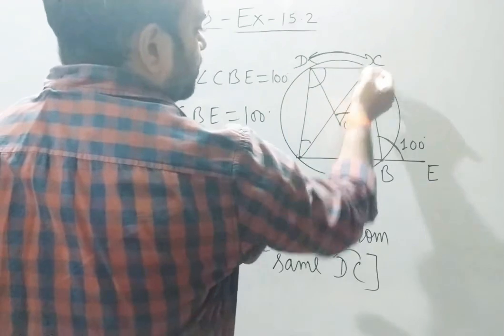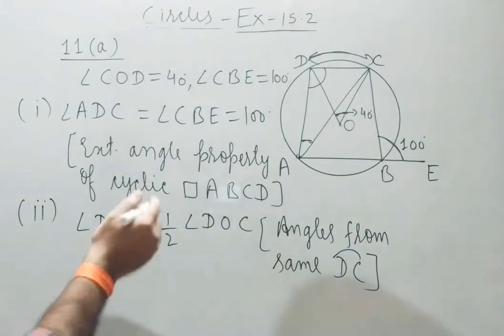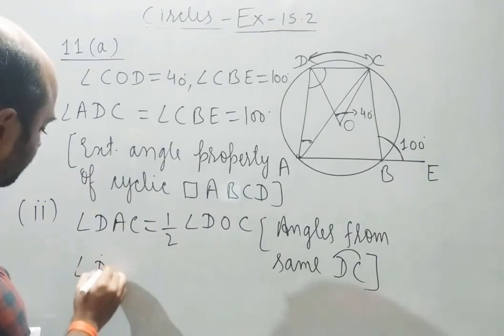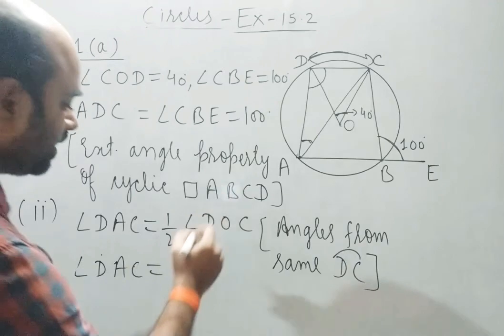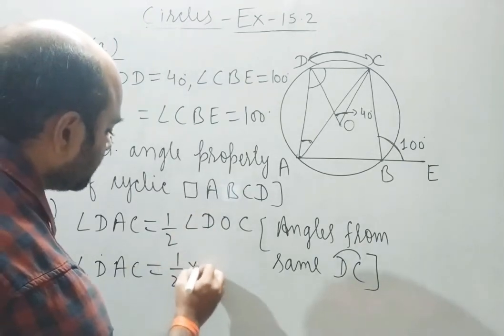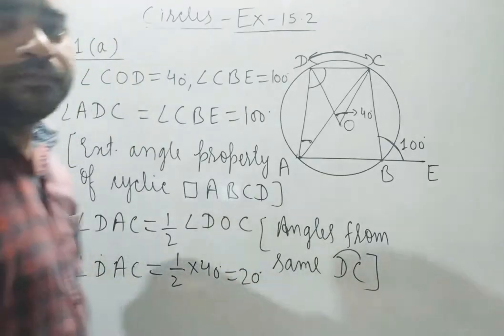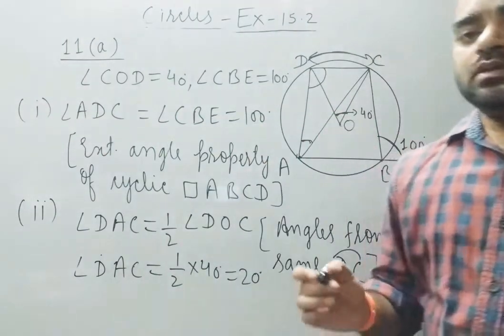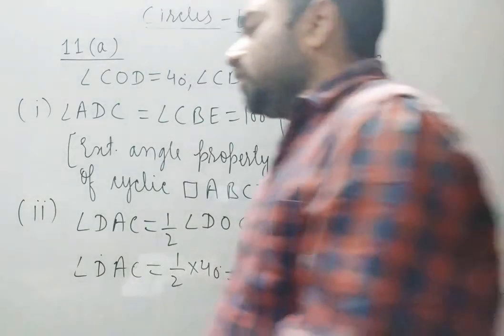You can verify using the diagrams. All the three diagrams are the same. Then angle DAC will be 1 by 2 of 40 degrees, that is 20 degrees. Correct?